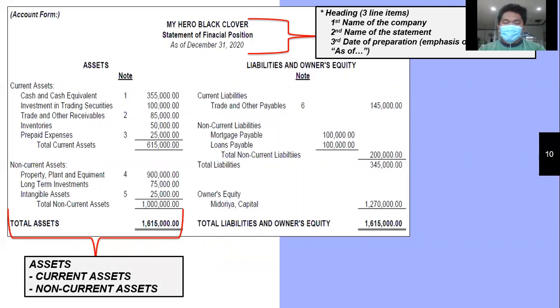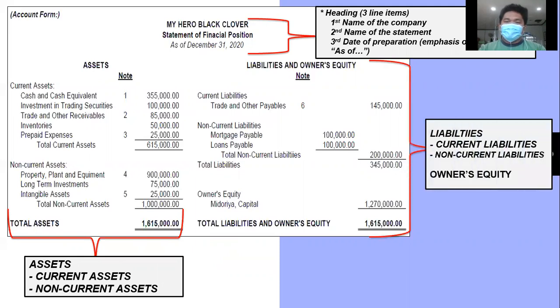And same as before, there is also classification as to current assets and non-current assets. The next one is the liabilities and owner's equity. It is on the right side. And same as before, the presentation is current liabilities first, then non-current liabilities, and then the owner's equity. Okay?